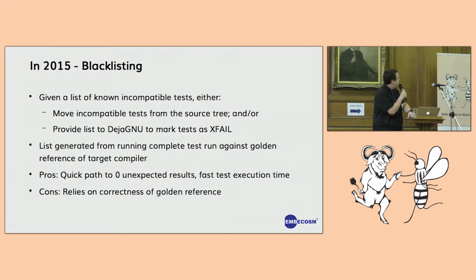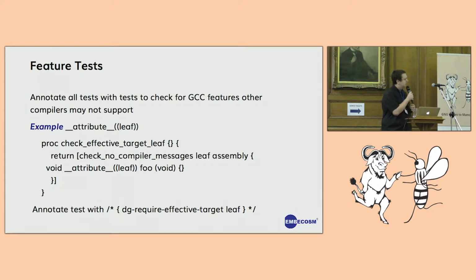So since then, we've started taking the same sort of annotations that you have in tests, like, I require that this target has an integer that's at least 32 bits, but extending this for a whole set of other attributes, such as, does this compiler support attribute leaf? Does this compiler have GCC's dump flags?